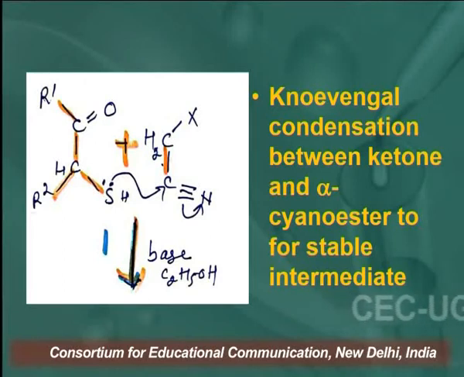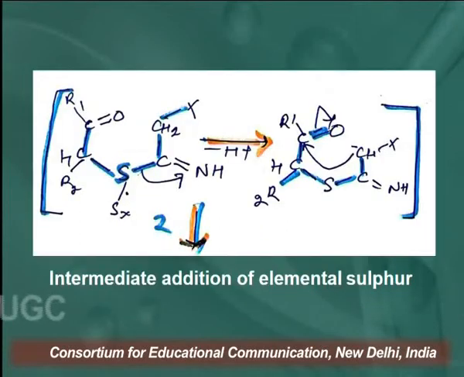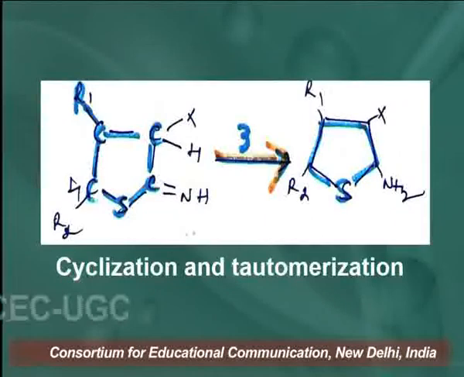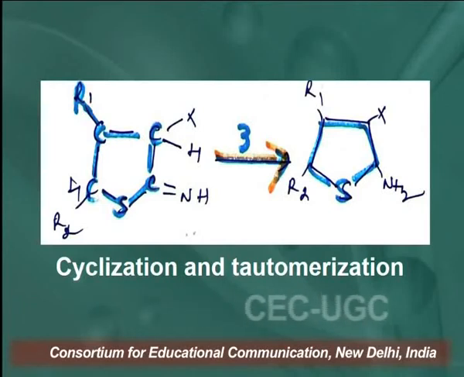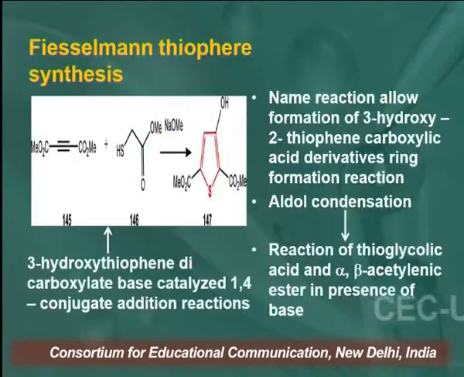The reaction takes place in different parts. First is Knoevenagel condensation between the ketone and alpha cyanoester to form a stable intermediate. Then elemental sulfur is added to the intermediate, and after cyclization and tautomerization, it is finally converted into thiophenes.